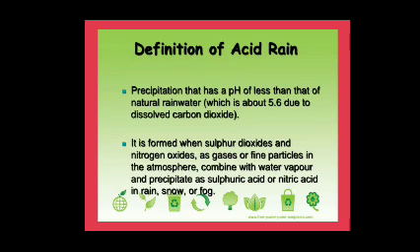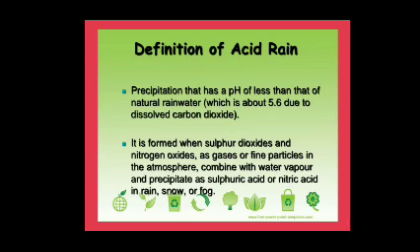Definition of acid rain. Rainwater with a pH value less than 5.6 is called acid rain. Rainwater pH is 7.